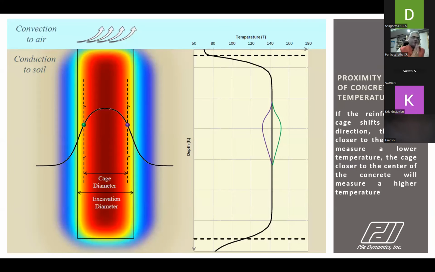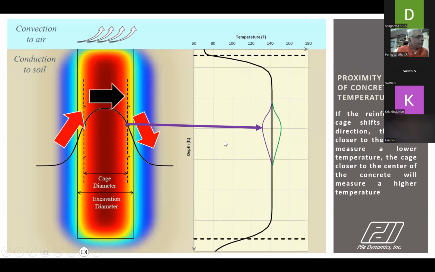Now, if you have a cage with wires and two sensors, the green and the purple, and this reinforcement is tilted to the right side, that means the purple is towards the soil and the green is towards the core. Therefore, the green measures a higher temperature and the opposite wire measures a cooler temperature.